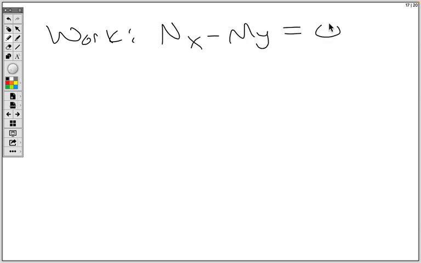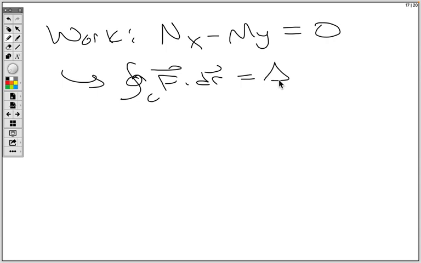All right. So basically what we're saying here is this. For the work, if nx minus my is 0, we can get the work done by looking at the difference in the potential.